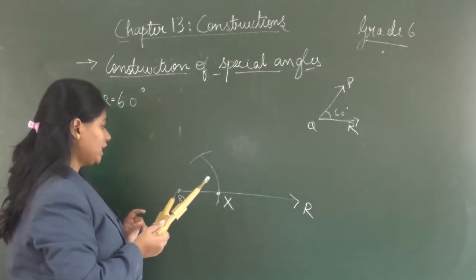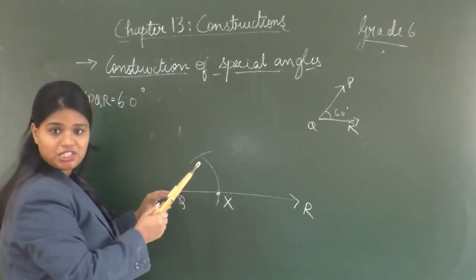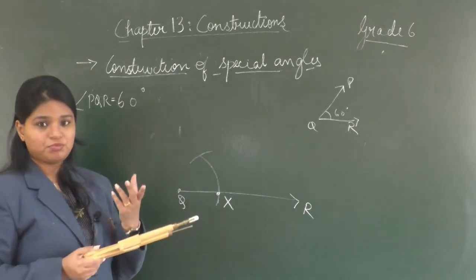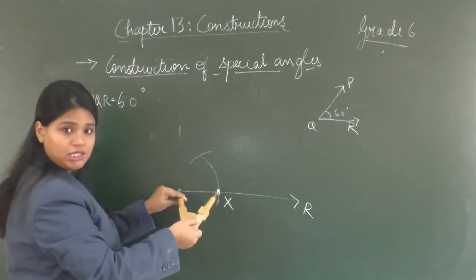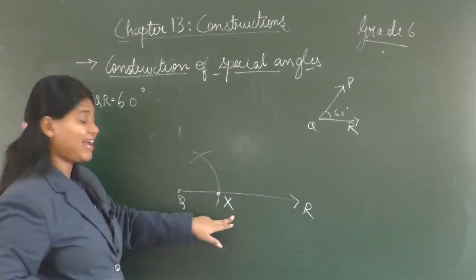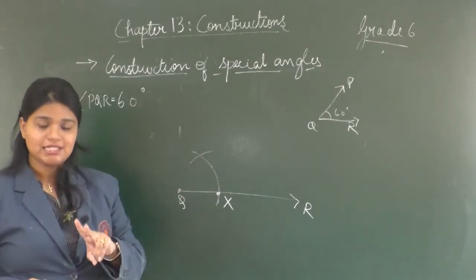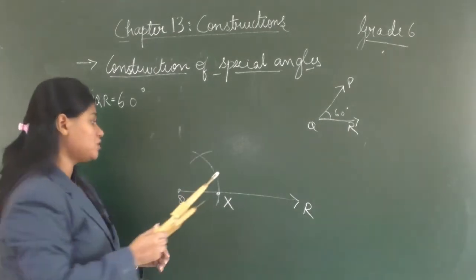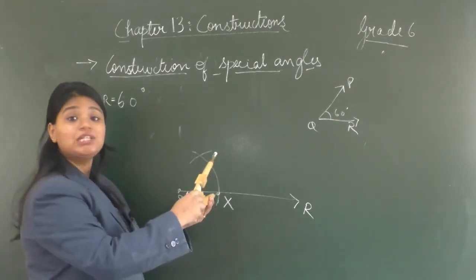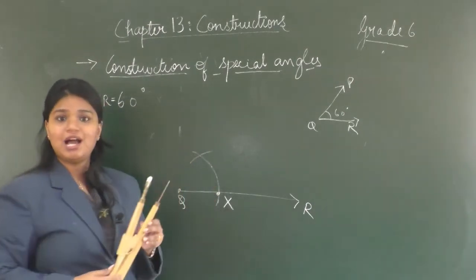So first what I did, I placed the needle on point Q and I opened the compass up to a certain measure and I have drawn an arc and I have named this point as X. Second step, with the same measurement, you will place the needle of the compass on point X and you will cut the previously drawn arc.